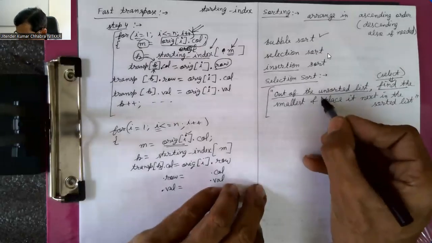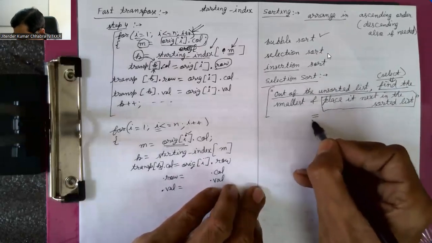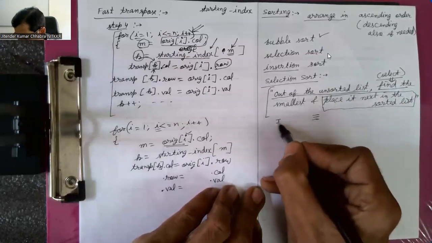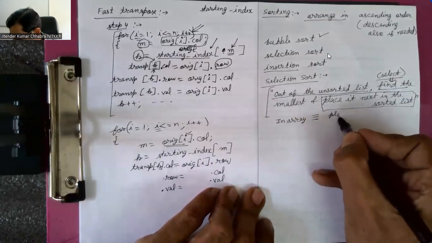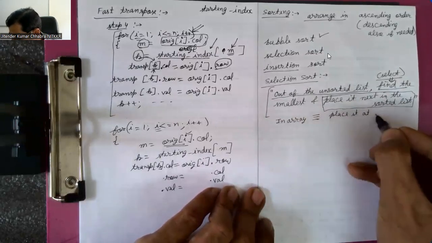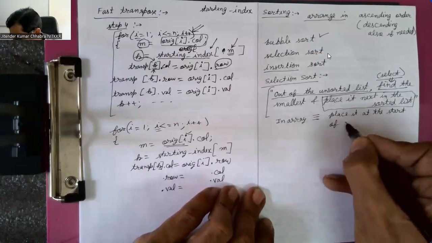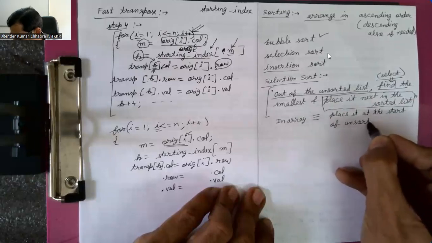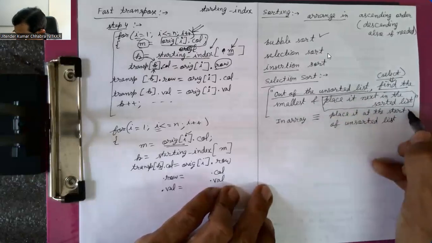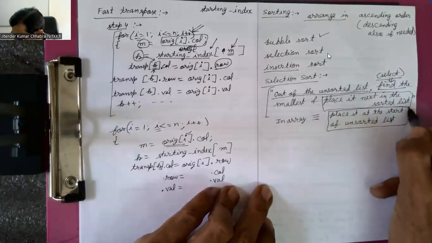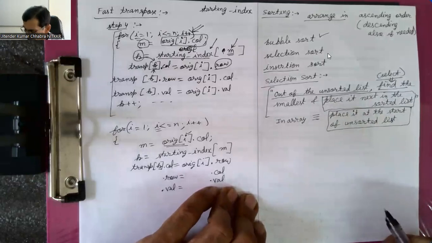I will say further that placing it next in the sorted list, in the case of an array, is equivalent to saying place it at the start of the unsorted list. So I say this is one and the same thing. In the case of an array specifically, the above statement is equivalent to saying place it at the start of the unsorted list. Why do I say so?